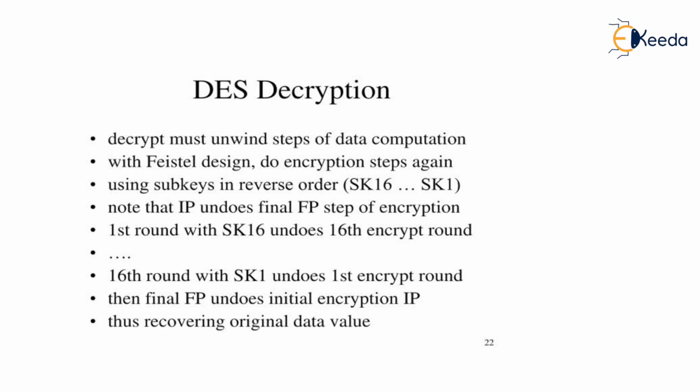The statement means that the subkeys used for the 16th round of the encryption process undo it in the first round of the decryption process, thus recovering the original data values. That means at the end of the 16th round of the decryption process, we get our plain text back.